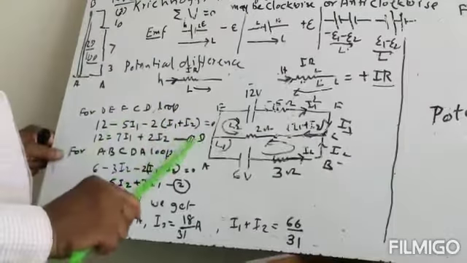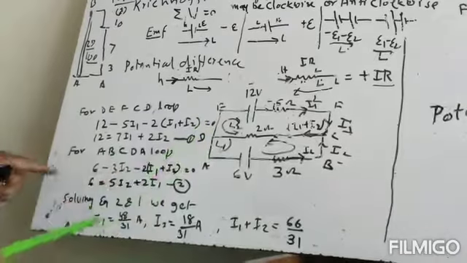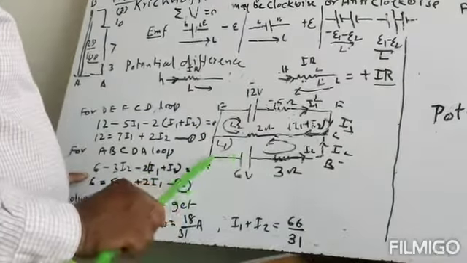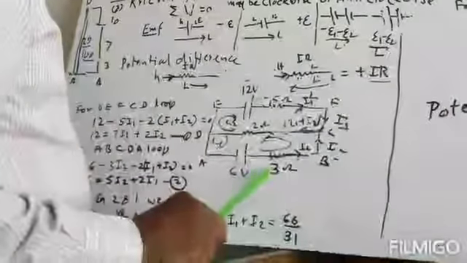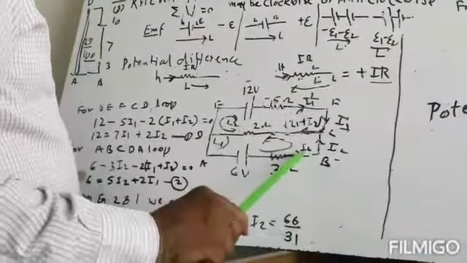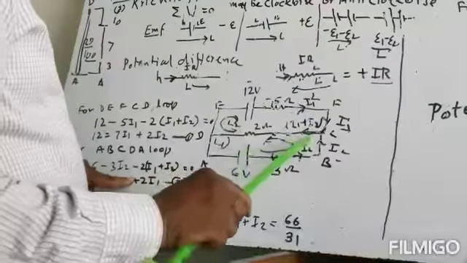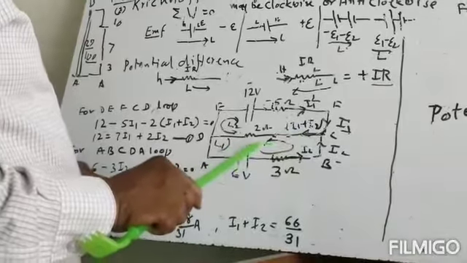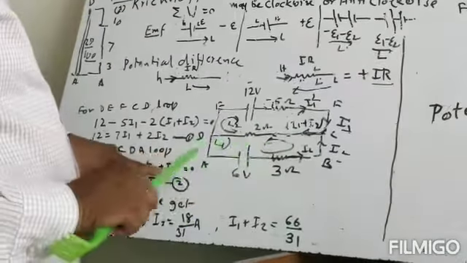Then we take another loop, A, B, C, D, A. In this loop we start from here. It is a minus, so it will be plus 6 volt. Then the potential drop will be 3 into the current I2, so minus 3 into I2. Here also the direction of the loop and current are the same, so it will be minus 2 into I1 plus I2, equal to 0.